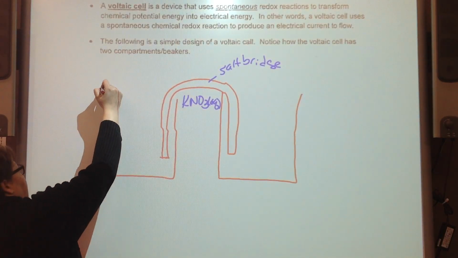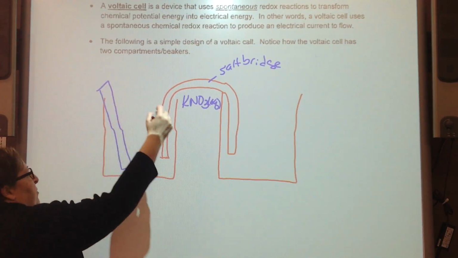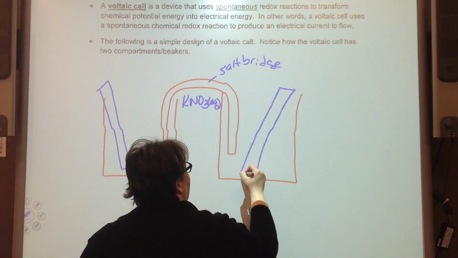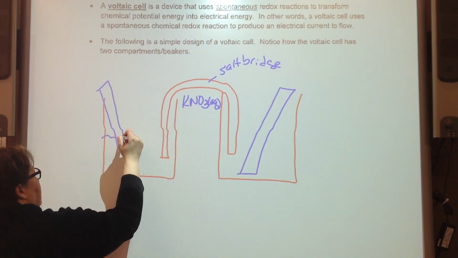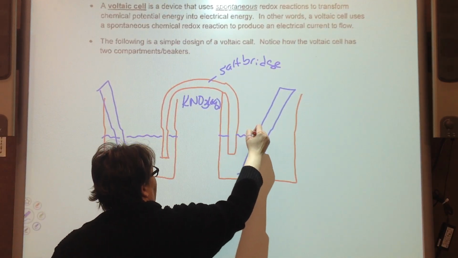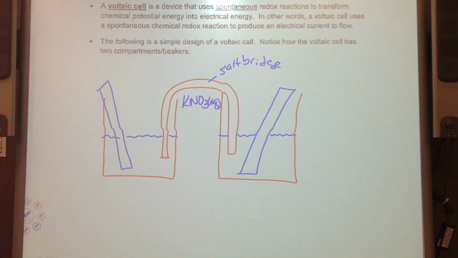So we're going to put in a piece of metal here. And we're going to put in a piece of metal here. And we're going to have this build a solution. Okay? Now, we're talking about changes of energy, specifically chemical energy and electrical energy.